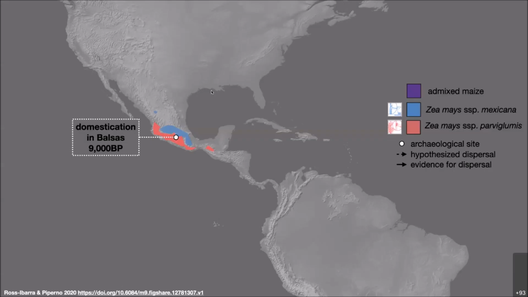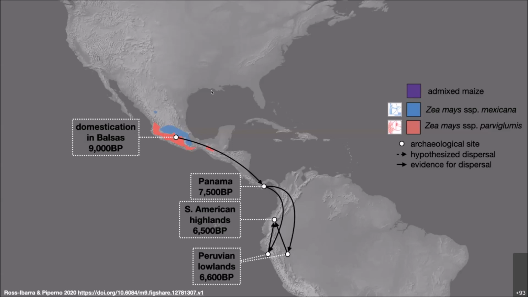So what we think then is the story of modern maize origin is that it was domesticated in the Balsas, moved to South America pretty early on, moved to the highlands of central Mexico about 6,300 years ago, where it hybridized with Mexicana.